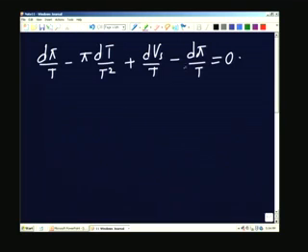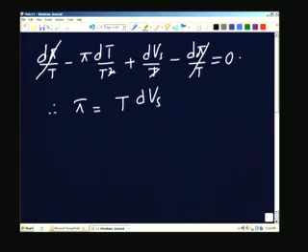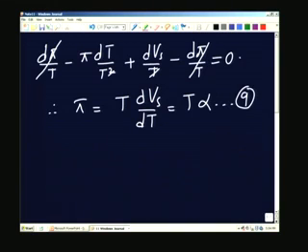Therefore, these two will cancel off, and one T will cancel off with this T, and you see that pi is equal to T dVs by dT, nothing but T times alpha. I think this is equation number 9.